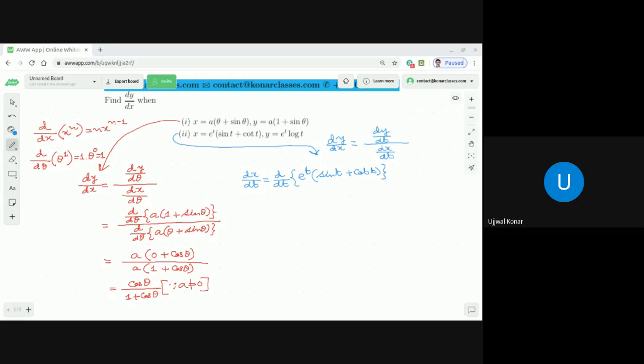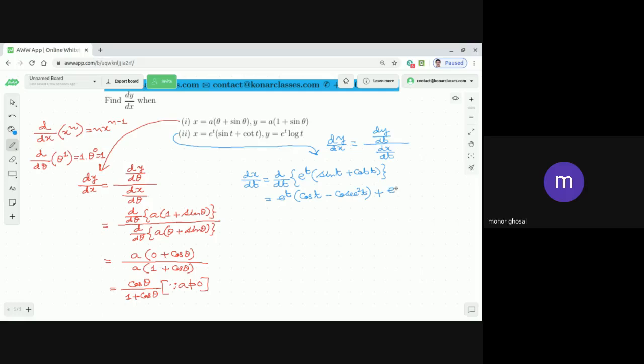Just a minute. The moment you find this, what are we going to get? That is equal to e power t into d/dt of (sin t plus cot t). What is d/dt of sin t? It is cos t, correct or not? I can do a bit of step jump now. d/dt of cot t is equal to minus cosec square t, correct or not? Plus (sin t plus cot t) into d/dt of e power t, which is e power t, correct or not?